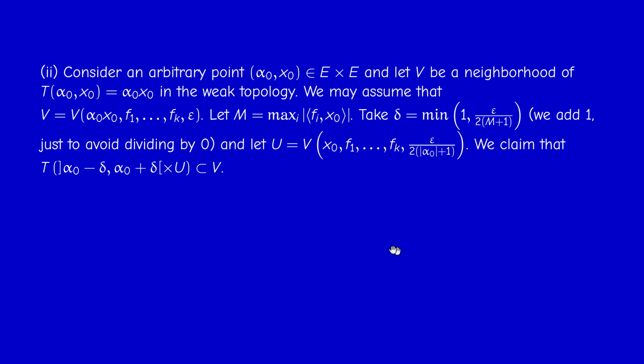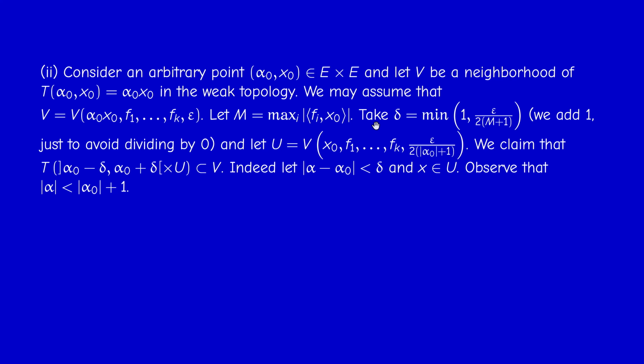We are going to prove that the image of this neighborhood, which is a neighborhood of alpha 0, x0 in the product topology, is in V. This is the usual topology on R, and this is the weak topology on E. Same strategy: we take an element here and prove that it's here. An element here is the image of an element in this product, so it can be written as T of alpha x, where alpha is here and x is here.